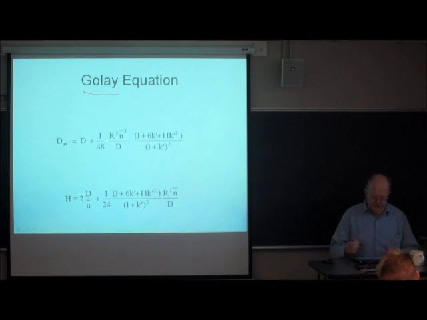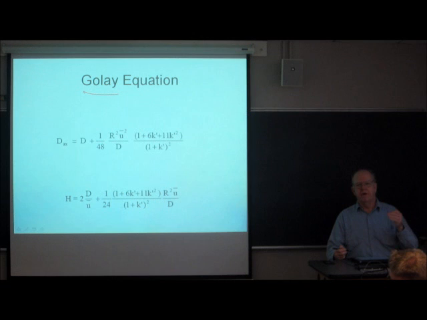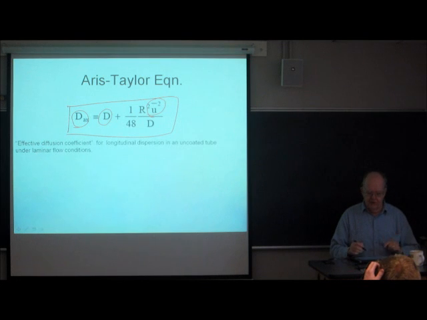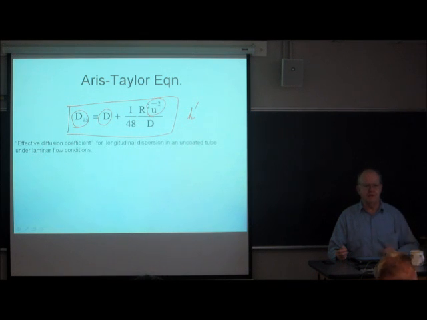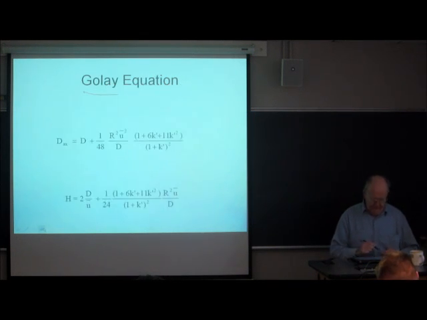The Golay equation is actually slightly more advanced than the Aris-Taylor equation because it allows there to be retention on the wall of the tube. This equation makes no mention of retention factor because it assumes there's no stationary phase on the wall. Golay solved the same problem, but he said, oh, there's retention on the wall of the tube.